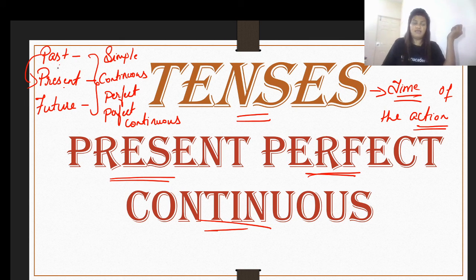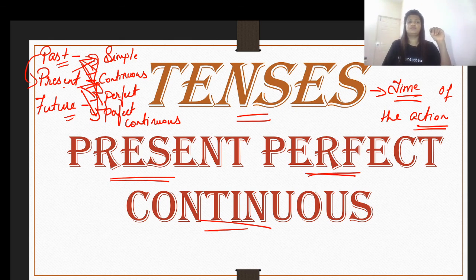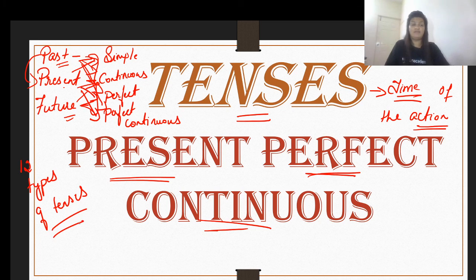Which means past has simple past, past continuous, past perfect, and past perfect continuous. Similarly, present has simple present, present continuous, present perfect, and present perfect continuous, and future also has simple future, future continuous, future perfect, and future perfect continuous. Which means we get in total 12 types of tenses, or 12 different timelines.